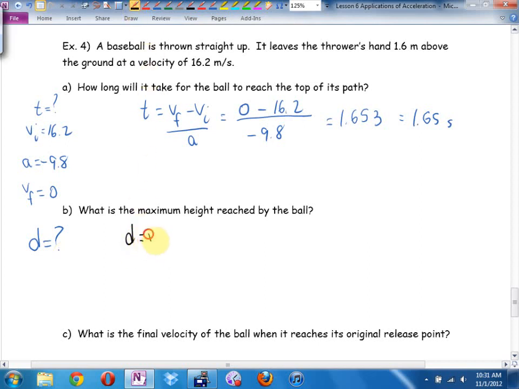D equals, it was VF squared minus VI squared all over 2A. We said 0 minus 16.2 squared, 0 squared, all over 2 times negative 9.8.